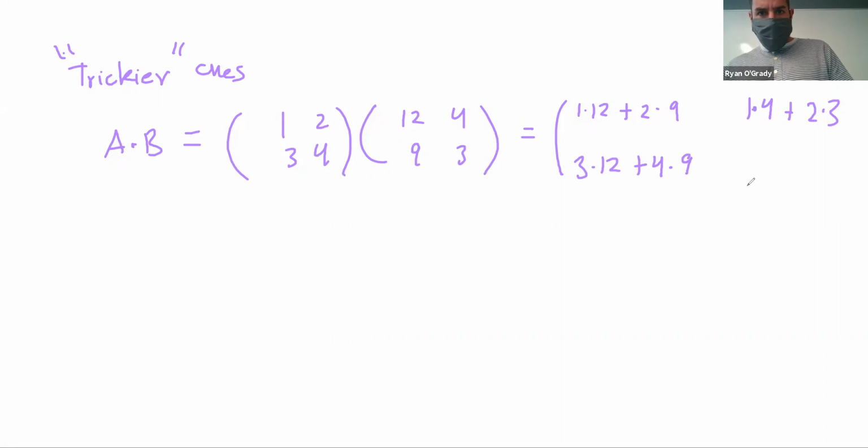3 times 12, 4 times 9, yeah. First row, first column. Then, excuse me, second row, first column. And then second row, second column. So one of the ways to know if you did it correctly, look at the pattern on the right-hand side.